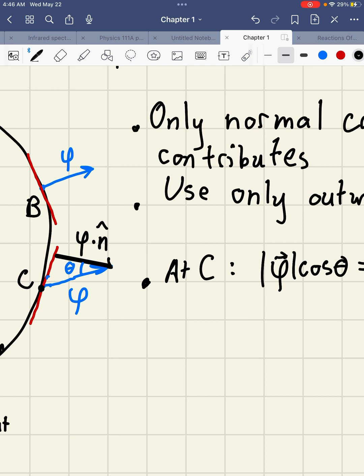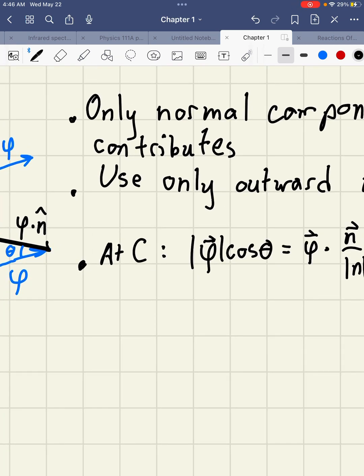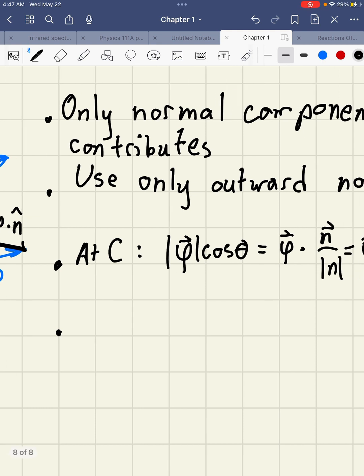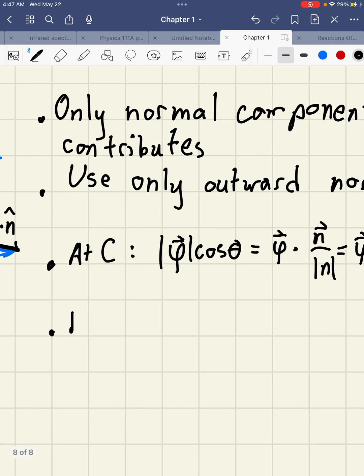But now this is not what we care about. The only thing we have to care about, since our heat flux is defined as the amount of heat energy flowing out per unit time per unit surface area. So let me just write that.